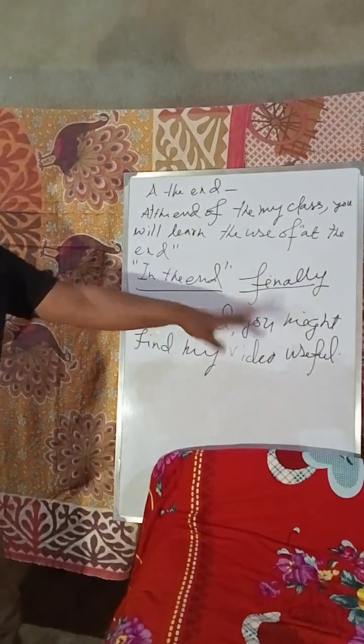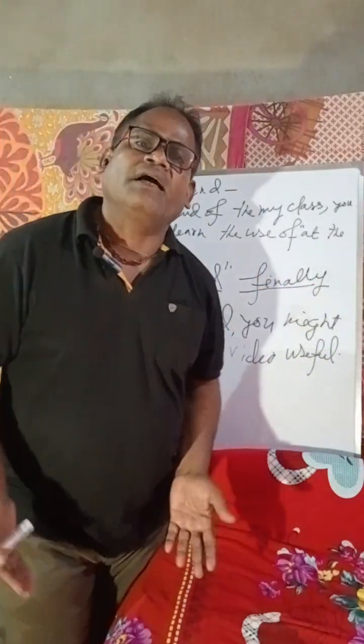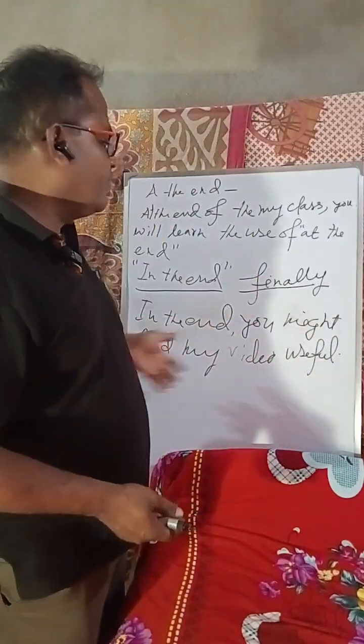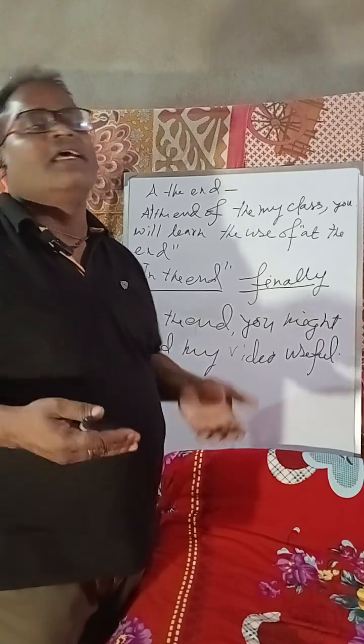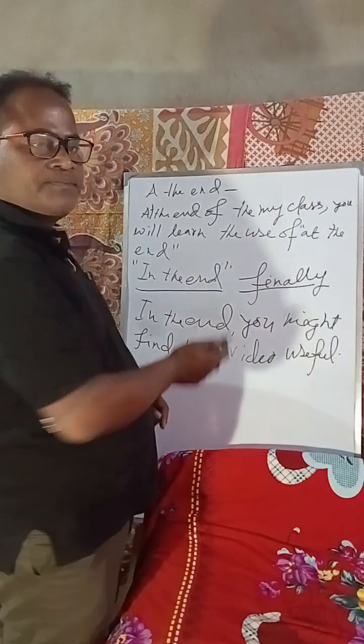Understood? You might find my class useful. There is a possibility. There is every chance that you might find my class very useful. You will find it very easy, or you will find it useful to use them, and you will get to know how to use them. Understood?